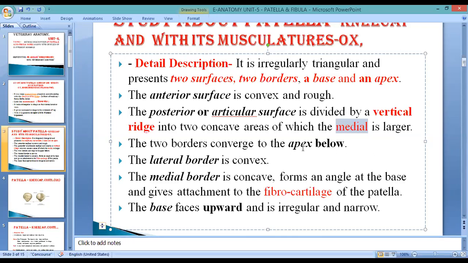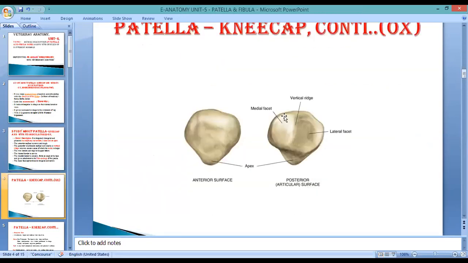Now the two borders, covering the apex. Of the two borders, one is the lateral, another is the medial. This is the medial border. The medial border comes from the base part to the apex. Opposite to this is the lateral border.